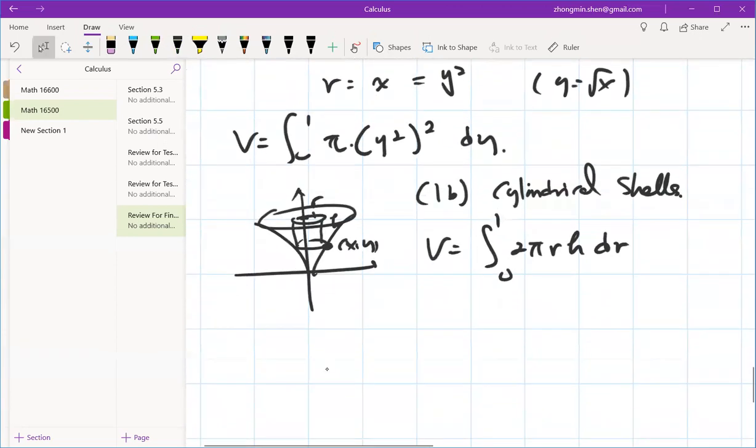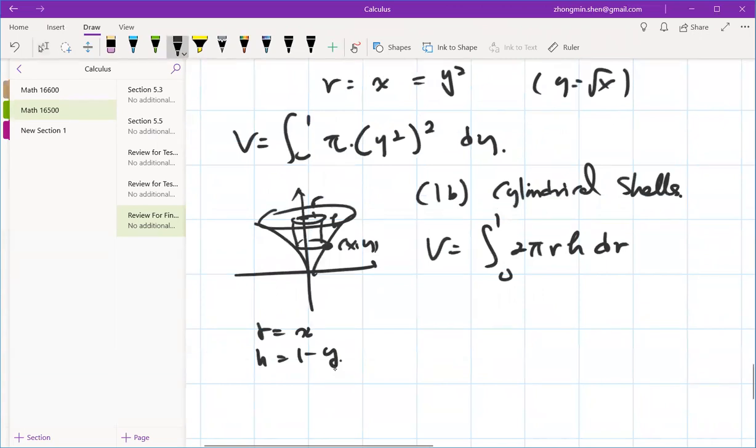So let's express what r is. r is going to be x. What is h? h is 1 minus y, if you're using the coordinates at that point. So which variable am I going to use? I can use r, I can also use x.